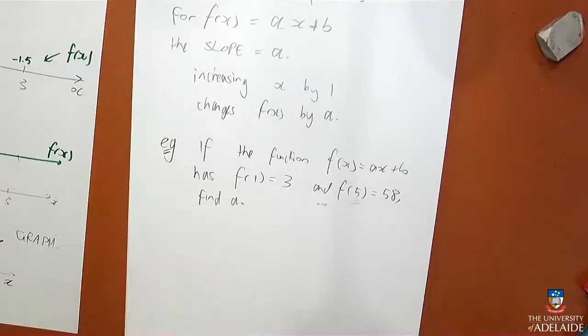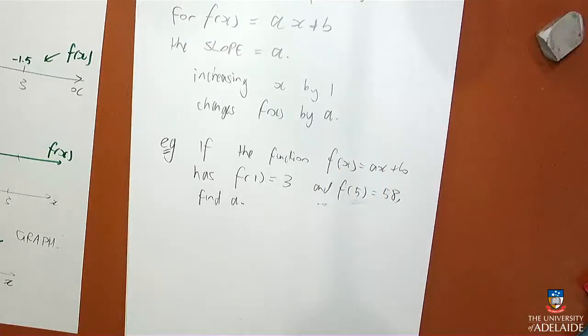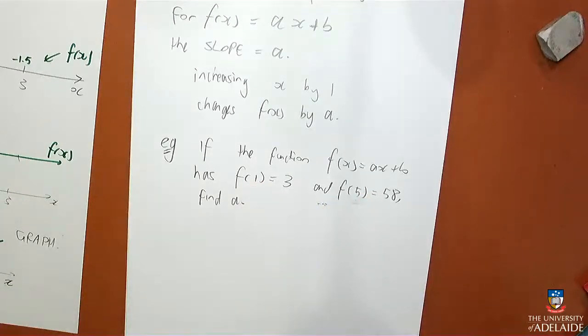Okay, we can figure that out from this information. So we know that every time the x goes up by 1, the f of x will change by a. And so if it goes up by 4, then the f of x should go up by 4 lots of a. So all I need to do is to figure out how much the f of x changes by and divide it by how much the x changes by.